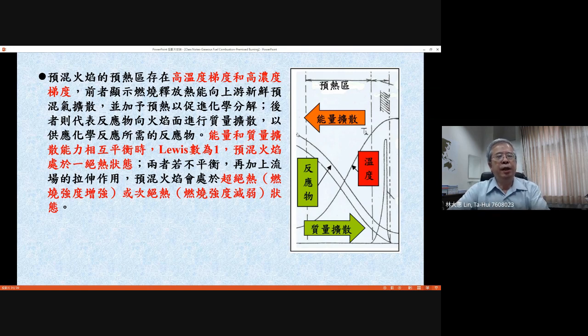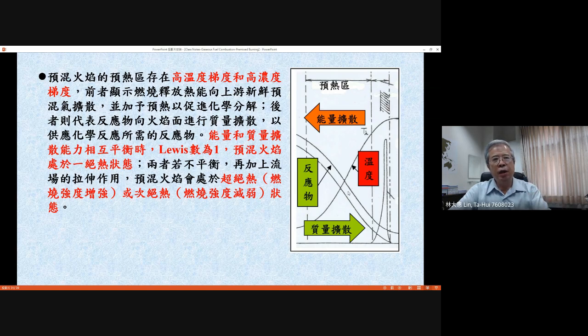Conversely, you look at the concentration of reactants, including the fuel and the oxygen. You find the concentration of reactants starts to reduce as the flow approaches the edge of the preheating zone. Concentration continuously decreases for fuel and oxygen in the preheating zone, which means there is a concentration gradient.